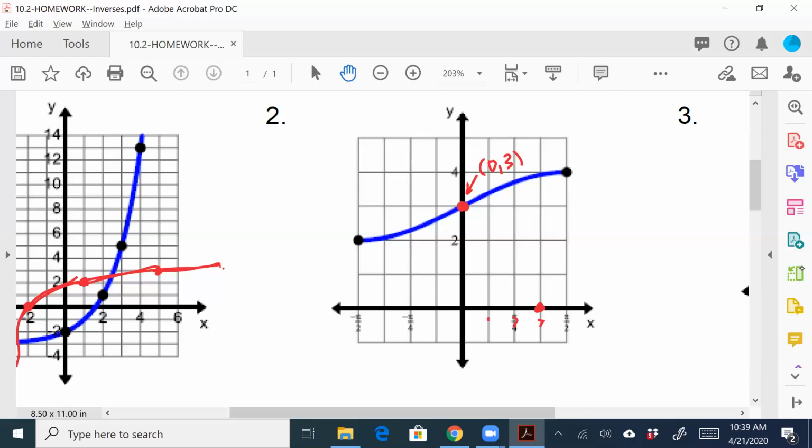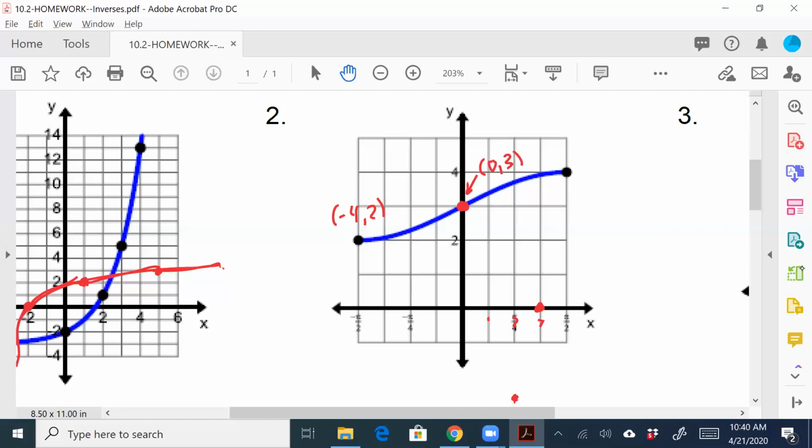All right. So over here, we've got -4, 2. And so the inverse would be at 2, -4, down off the graph, but we get the idea here.